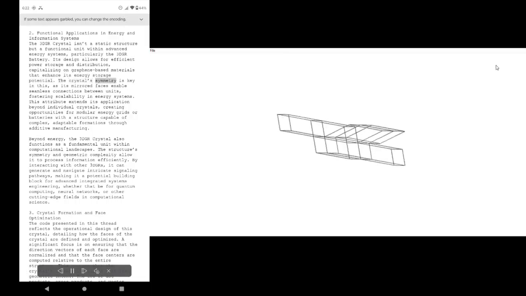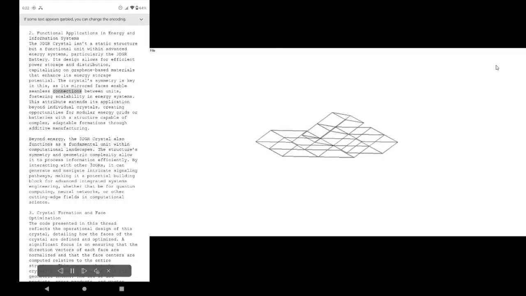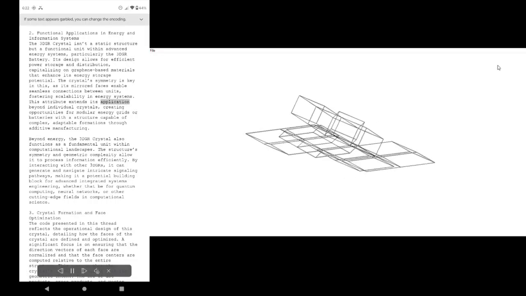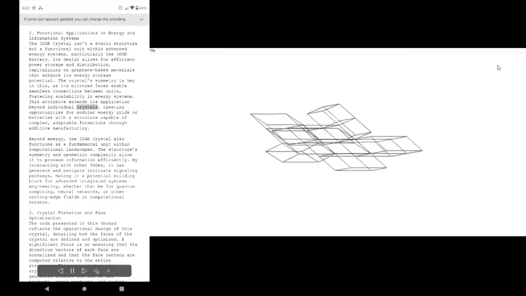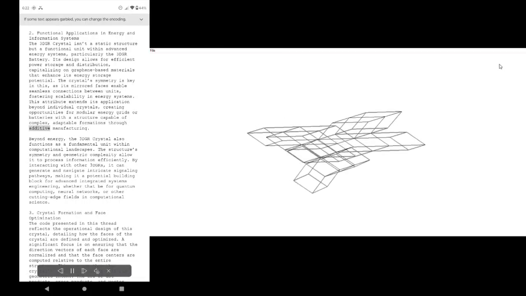The crystal's symmetry is key in this, as its mirrored faces enable seamless connections between units, fostering scalability in energy systems. This attribute extends its application beyond individual crystals, creating opportunities for modular energy grids or batteries with a structure capable of complex, adaptable formations through additive manufacturing.